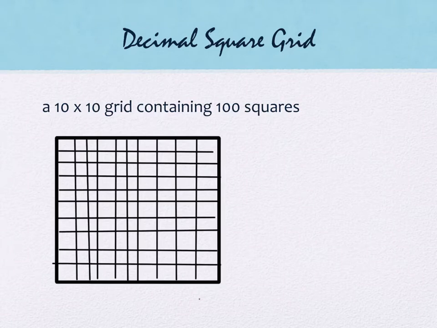Yep, just as bad as always. There you go. They should, of course, all be the same size. But there's my 10 by 10 grid. Okay?